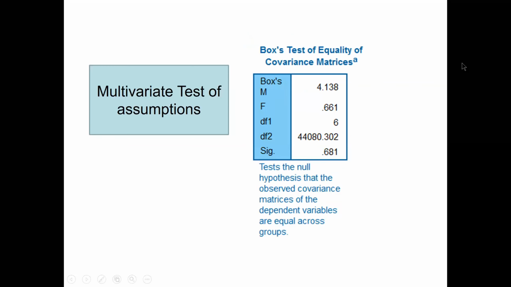Then we're going to go on to another multivariate test of assumptions, which is that the covariance matrices of all the dependent variables are equal across all the groups. So the extent to which self-efficacy at time 1 varies with self-efficacy at time 2 is not contingent on whether you are in the self versus the feedback or the peer feedback condition.